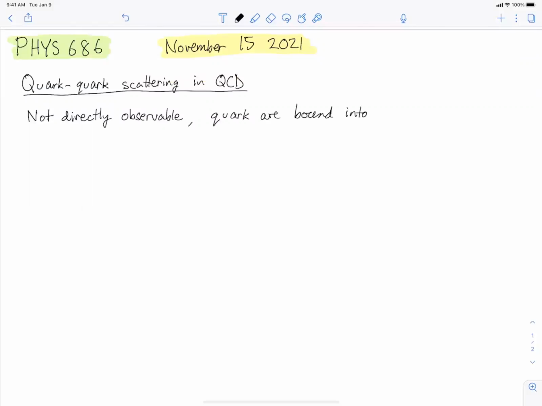And so the calculation we're about to do isn't going to be something that we can just observe or verify directly. We're going to have to do some more things to it after we're done.